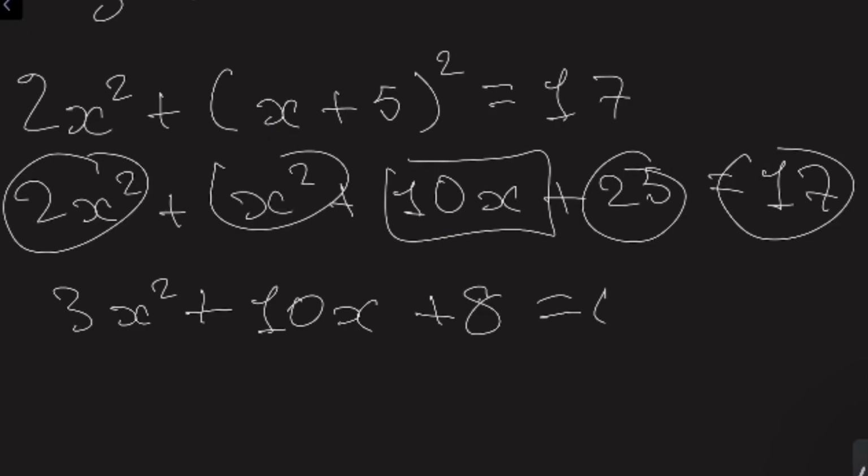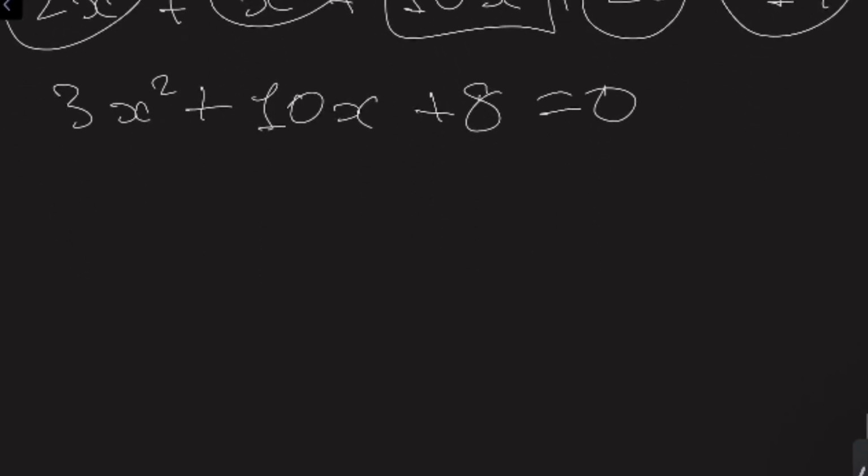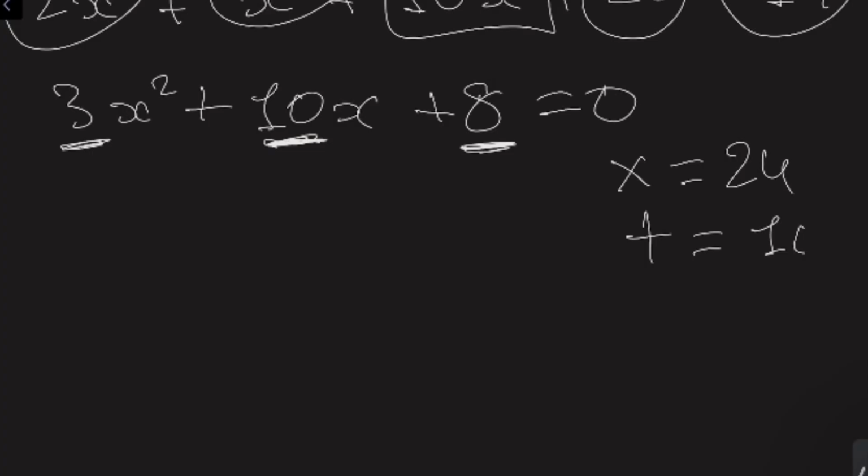Now, in this case, to factorize this, you need to use this method. You multiply the coefficient of x squared and 8, so you get 24. The middle term's coefficient is 10, so you need two numbers that times to make 24 and add to make 10. In this case, the two numbers are 6 and 4.